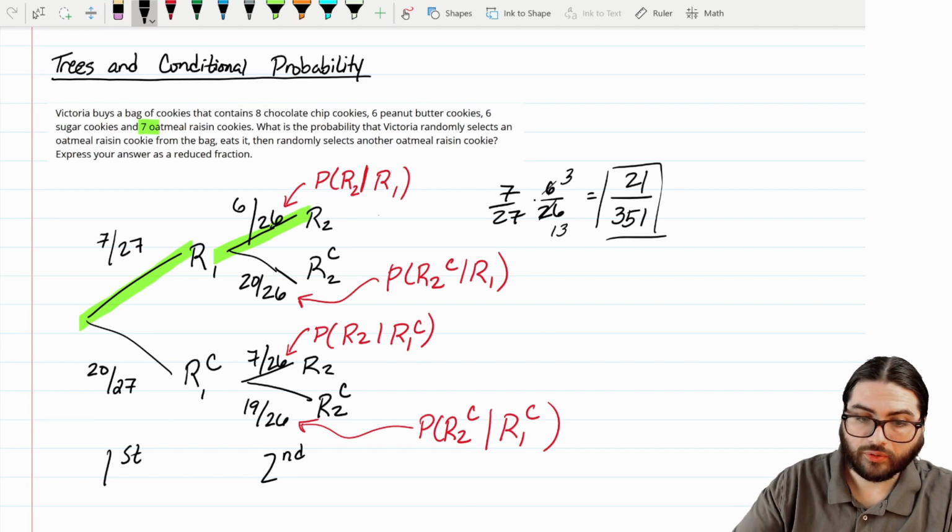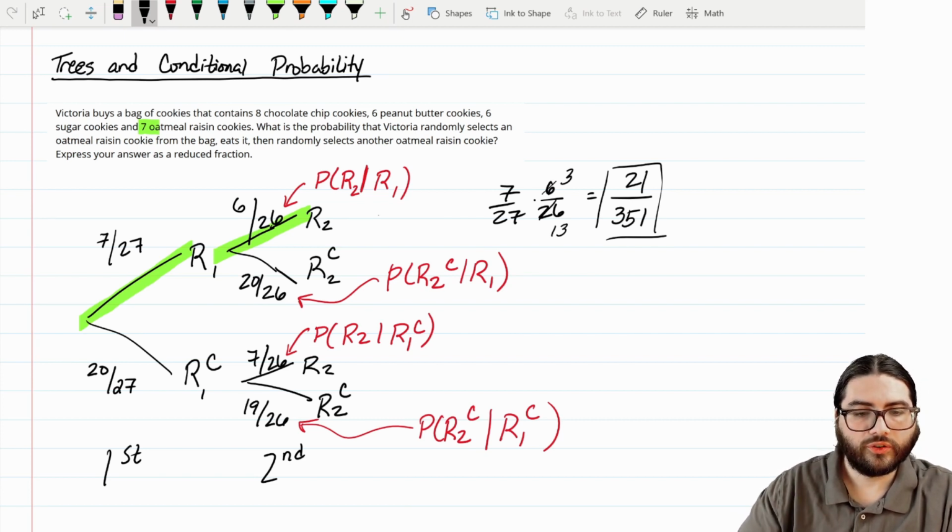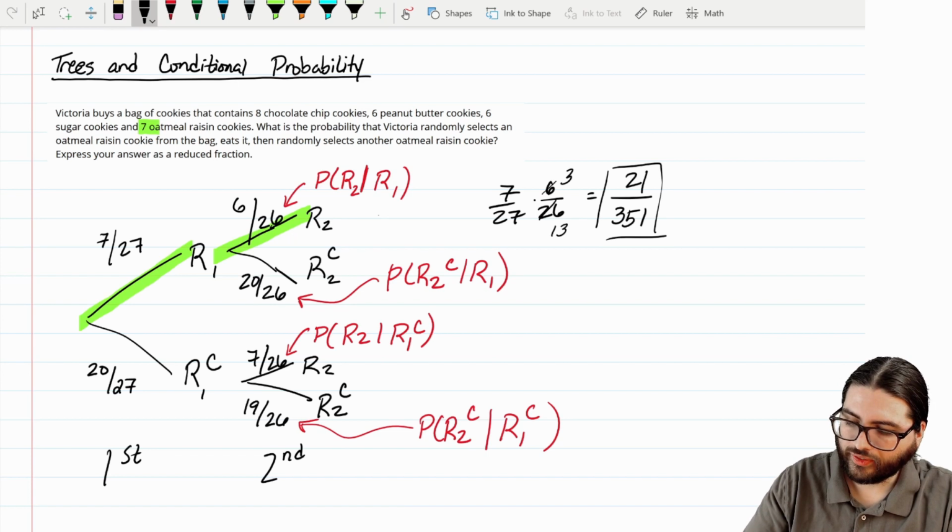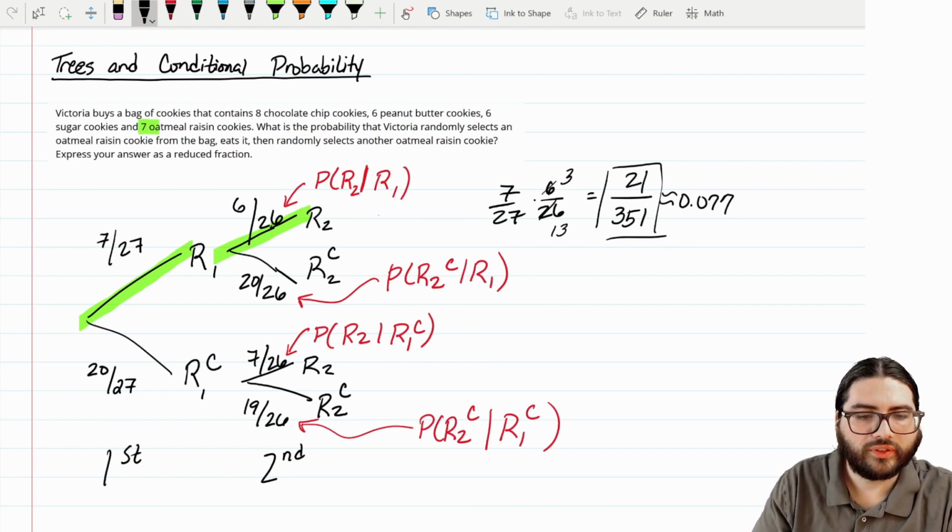And as a decimal, 27 over 351 is 0.076. I'll make it 0.077 to round to 3 decimal places.